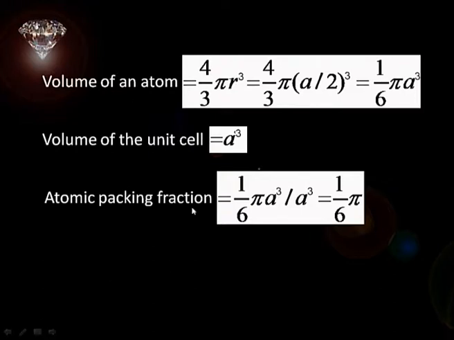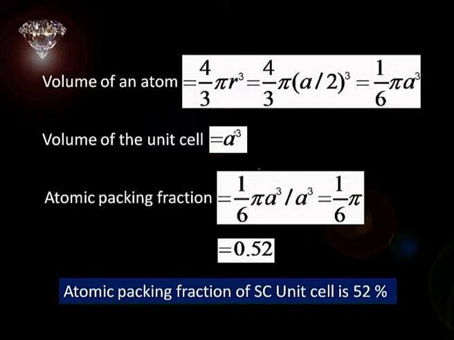So it is 1 by 6 pi A cube by A cube, and A cube cancels. What you get is 1 by 6 pi, which works out to be 0.52, which implies that in a simple cubic system the atomic packing fraction is 52% or 0.52. That means 52% of space is occupied by the atom, and the rest is void. That means it is not a very densely packed system.